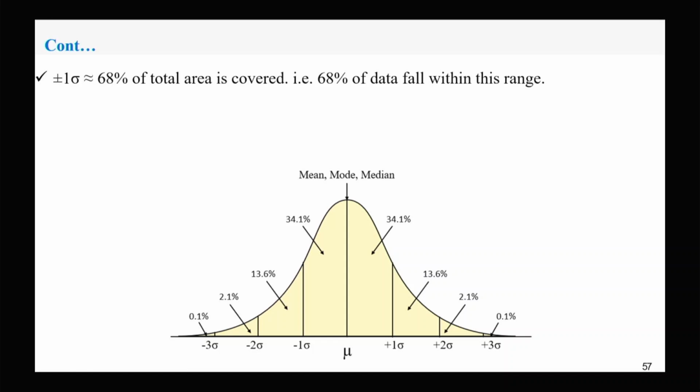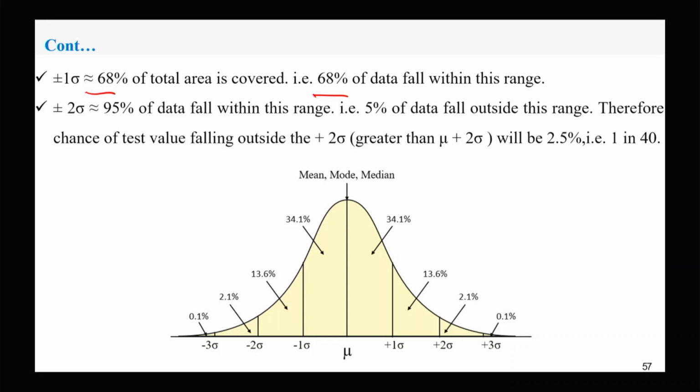Approximately 68% of data fall within plus minus 1 sigma limit, which means typically 34% of data are more than the central value.